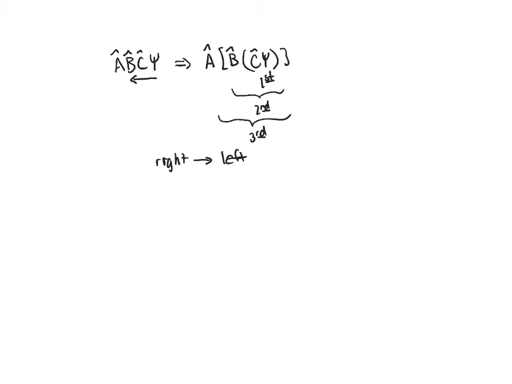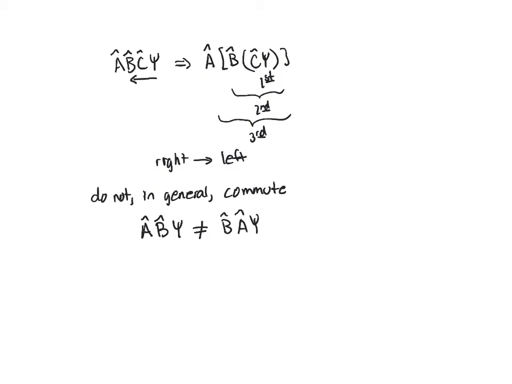Okay, the other thing that's important about operators is that in general, some do, but in general, they do not commute. In other words, if I operate B first and then A, it is not necessarily equal to the same thing as if I operate A first and then B. And we designate this idea by using what we call a commutator.